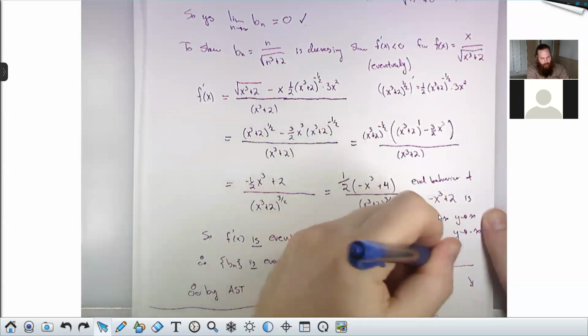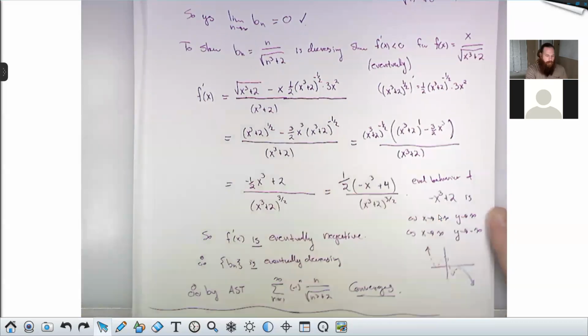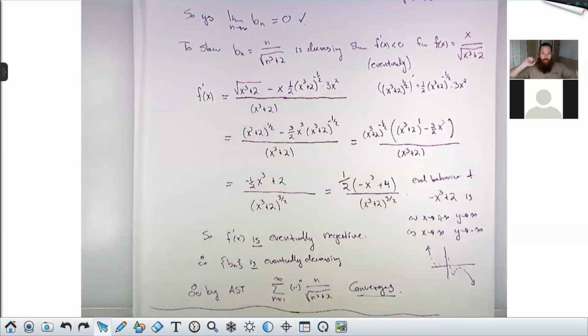So he could do all sorts of weird things in between here, but he's got to go up on the left and down on the right, because this is an odd power. Odd power means that these arrows will point in opposite directions, either up on the left, down on the right, or down on the left, up on the right. And then the negative here tells me that it is going to be up on the left and down on the right, just like negative x cubed.